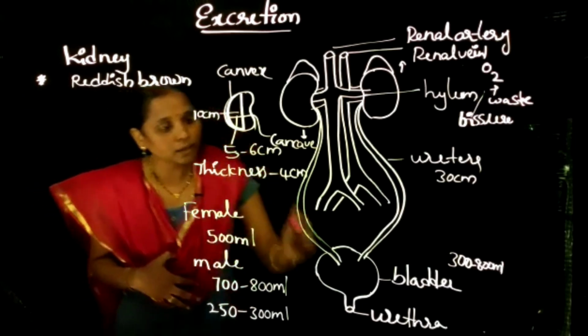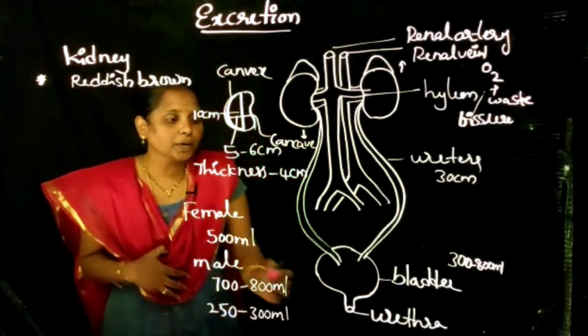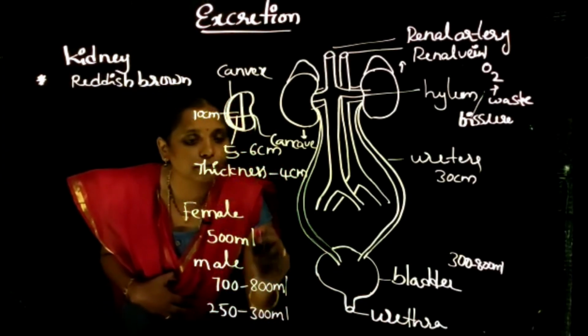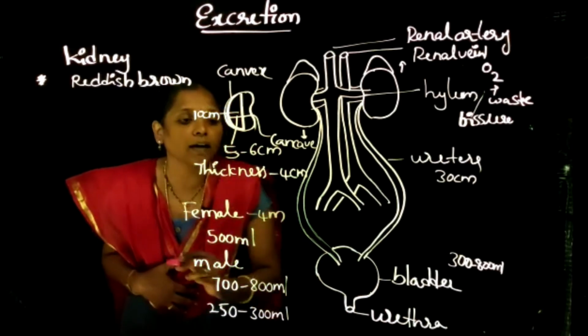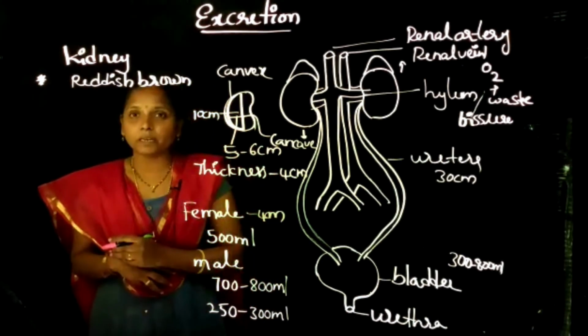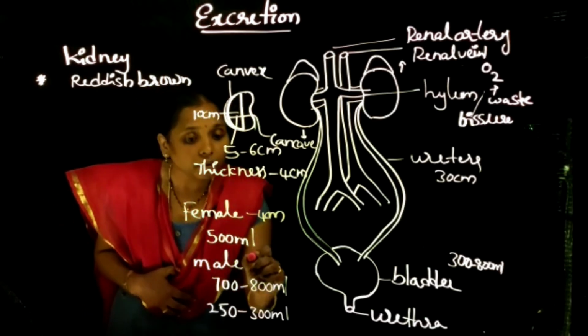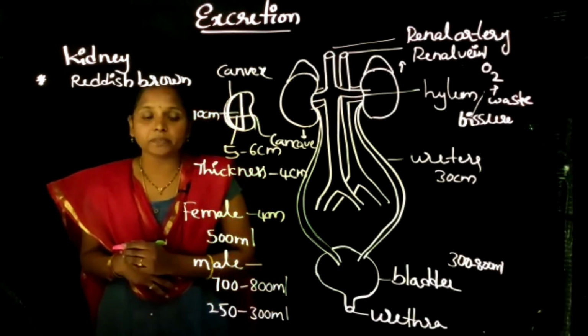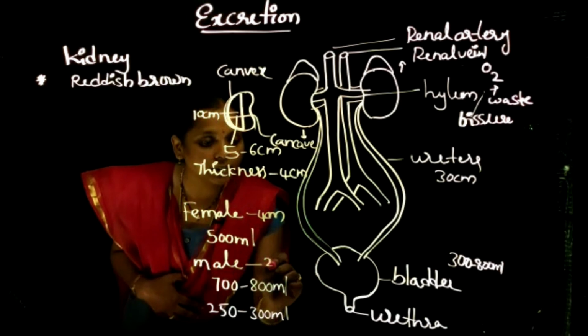Next, the urethra is about 4 centimeters in length in the female, but in the male it is nearly 20 centimeters in length. Why?